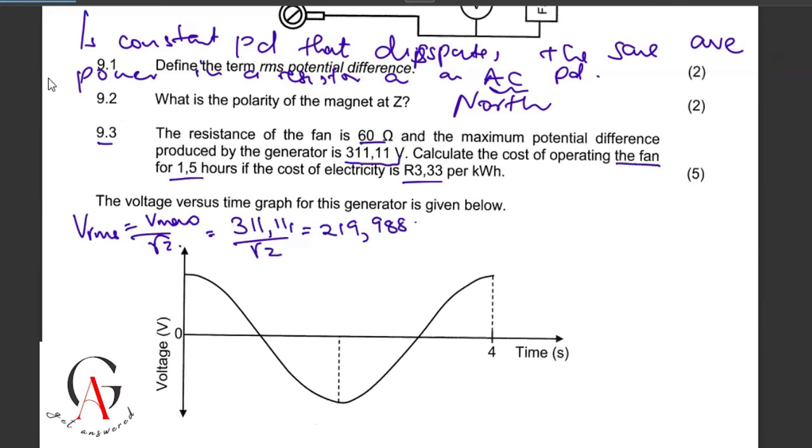All right, but then what do we have? We need to get the power, okay?